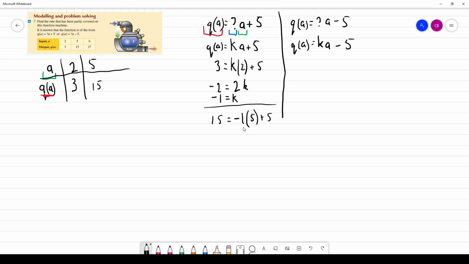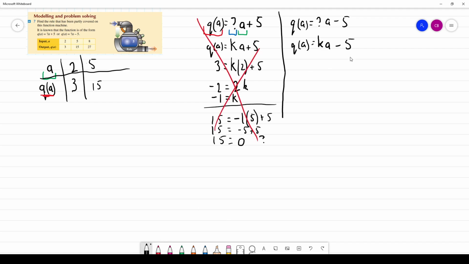So let's just expand the brackets. 15 equals negative 1 times 5 is negative 5, plus 5. 15 equals 0. That does not make sense. So that means that our first rule is out. This is gone. See you later.